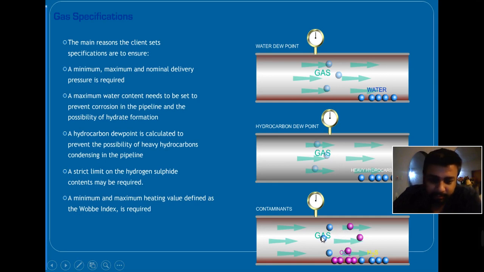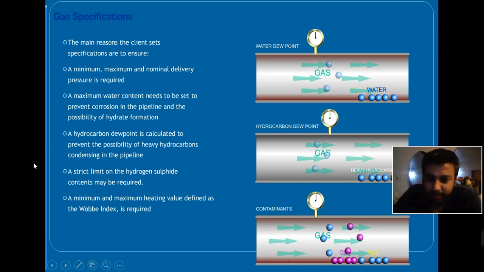For example, how much oxygen it has, how much helium, or mercury. We are more strict about H2S because H2S is very toxic and it can cause damage. It not only causes corrosion, but it can be very harmful for human inhaling, and even a person can become unconscious because of the H2S.